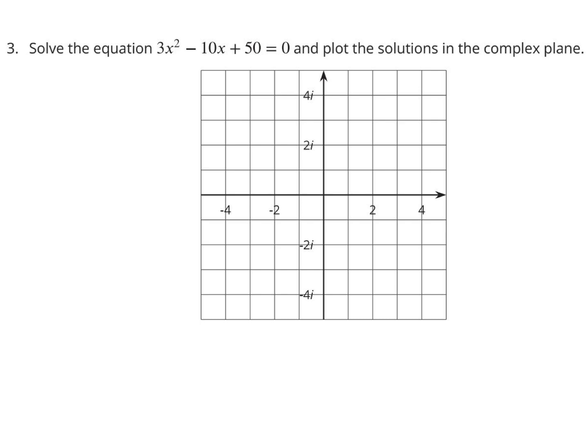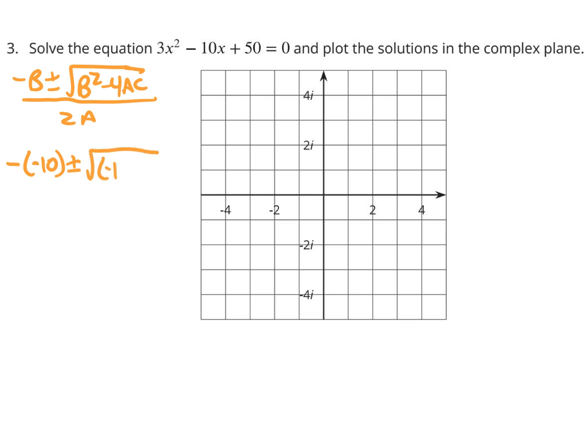Okay, so what I'm going to do is I'm not even going to worry about trying to factor one like this. I'm just going to use the quadratic formula. So we get negative b plus or minus the square root of b squared minus 4ac all over 2a, negative of negative 10 plus or minus negative 10 squared minus 4 times 3 times 50 all over 2 times 3.